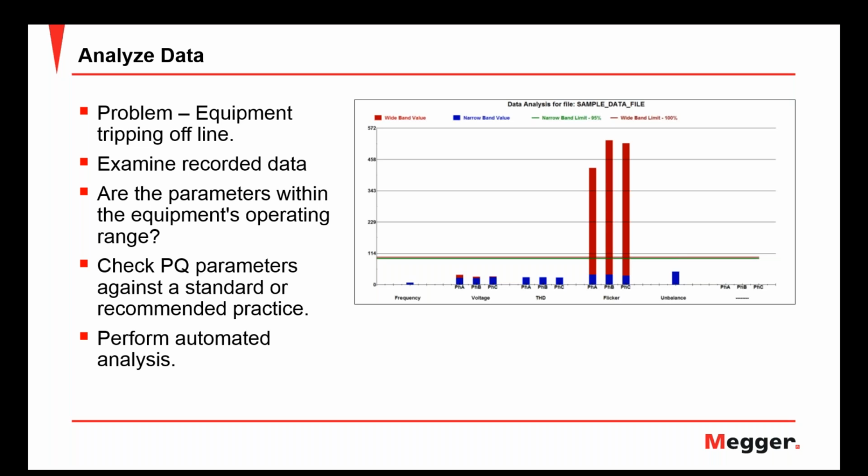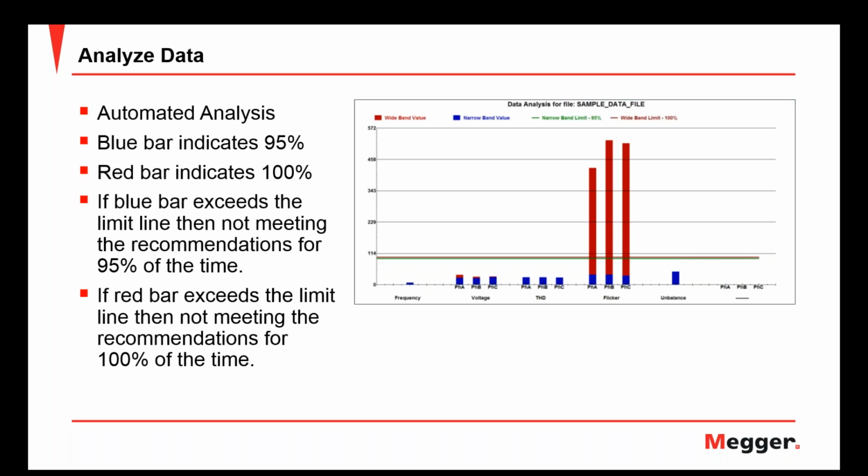So I'm looking at the different IEEE standards, and in this particular software, I can do an automated data analysis, which makes life really easy because this shows me right off the bat if I have any problems. The way this is read is that the blue bars indicate my frequency, voltage, THD, flicker, unbalance, and harmonics for 95% of the time.